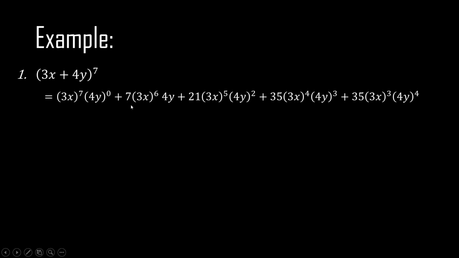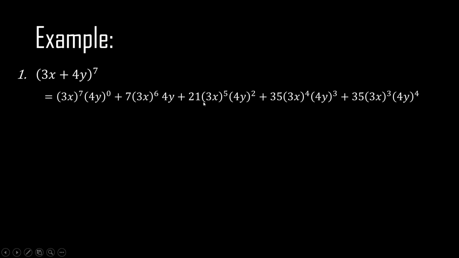Then it is said in the process that we are going to divide it by the exponent of the second term plus 1. So the exponent of this is 1. So you have to add 1, so it will become 2. So 42 divided by 2 will be 21. That's why we have here 21.